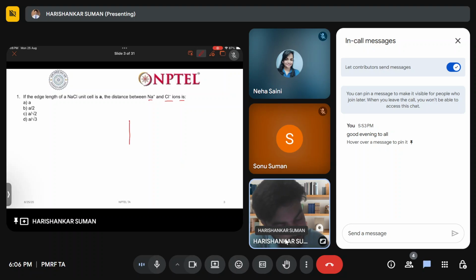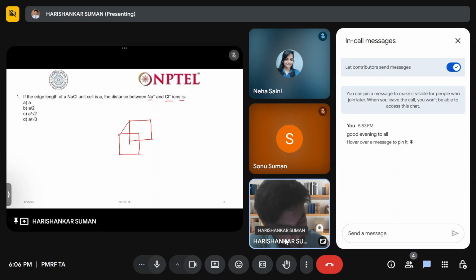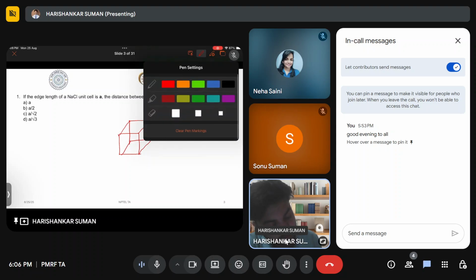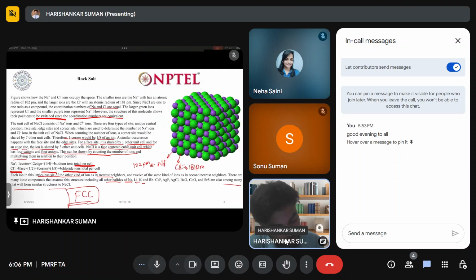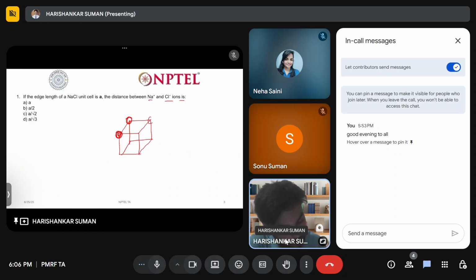FCC has a characteristic centered structure. As we saw previously, one Na at the center and 12 edges with 1/4 contribution each. One at each face and at the corners. Corners are occupied by Cl minus, and one also at the face.